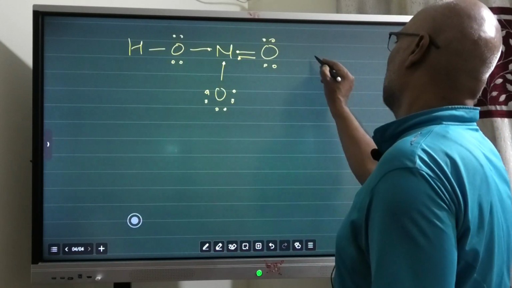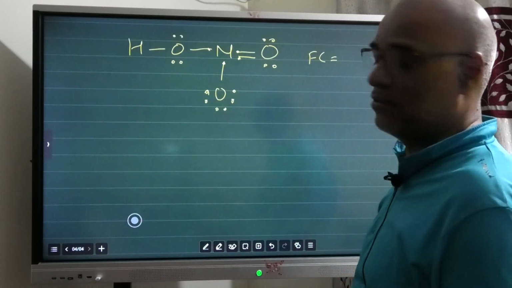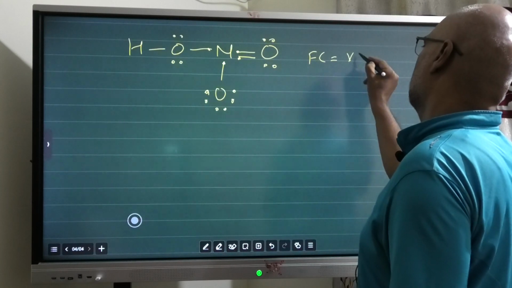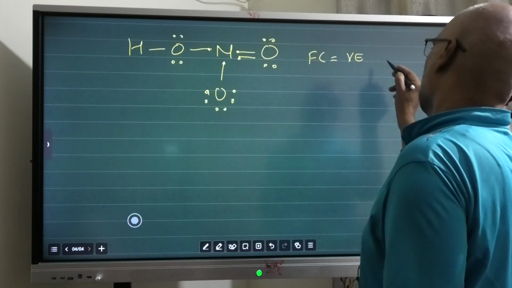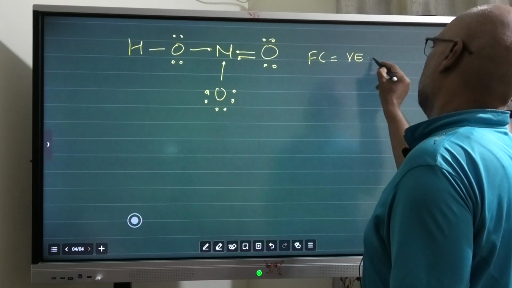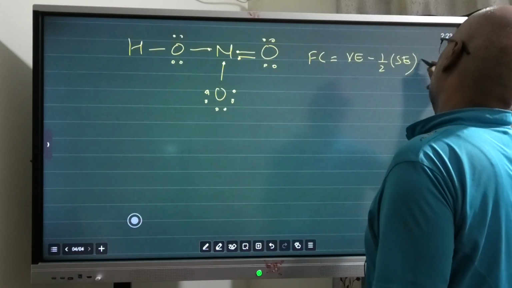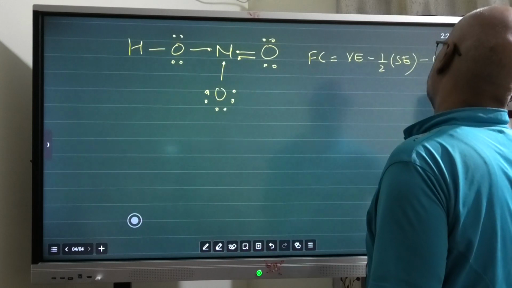How to get the formal charge? Formal charge is basically the number of valence electrons. I write it as VE, valence electrons. Then I have to subtract half of the shared electrons, then subtract the unshared electrons, USE.